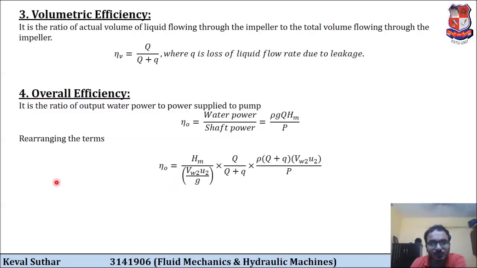So I suggest you pause this video and look at this expression very carefully, and by multiplying and dividing some terms, we can easily obtain this formula. So the first term is manometric efficiency, second term is volumetric efficiency, and last term is mechanical efficiency. So overall efficiency is the combination of manometric efficiency, volumetric efficiency, and mechanical efficiency.